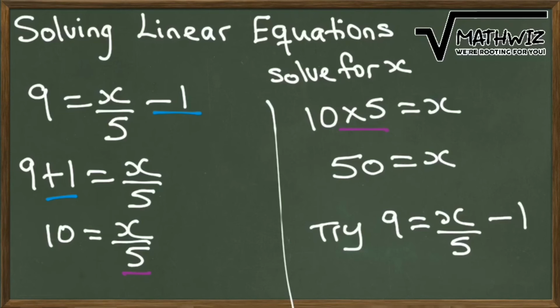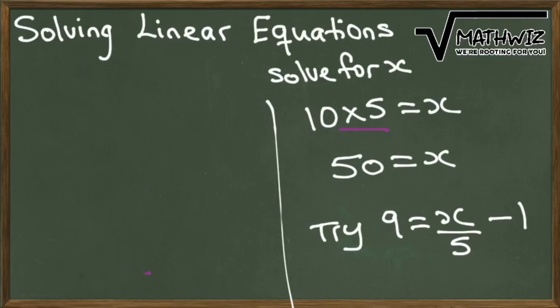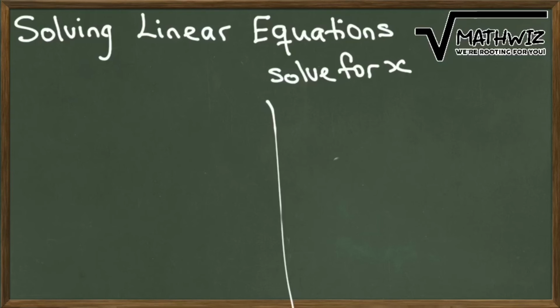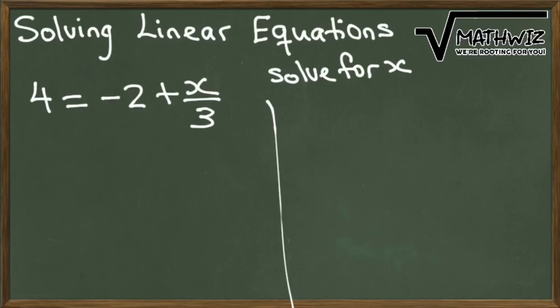Okay, so we will work one more example for this video. Still keeping the x on the right-hand side. And so we have 4 is equal to -2 plus x over 3. And so you're looking for the x, so you move that last.